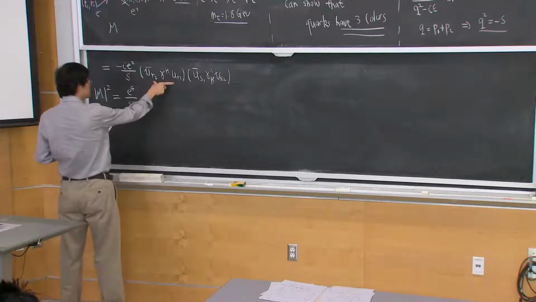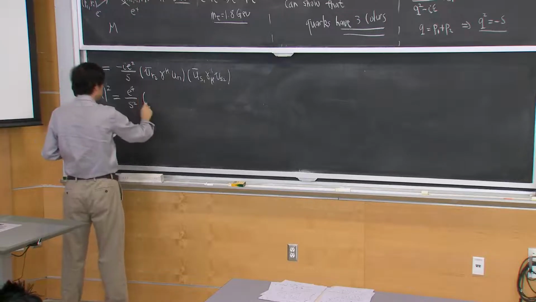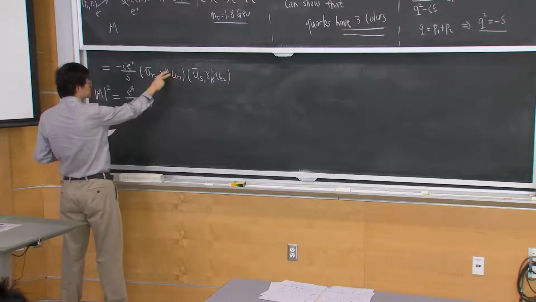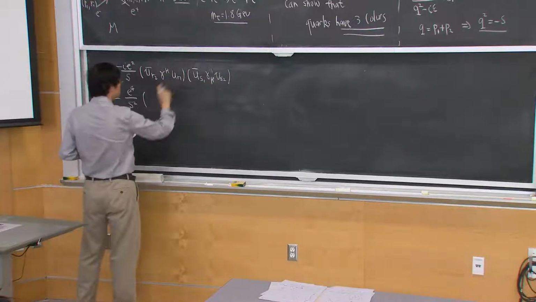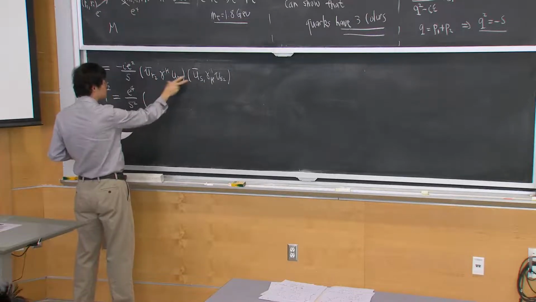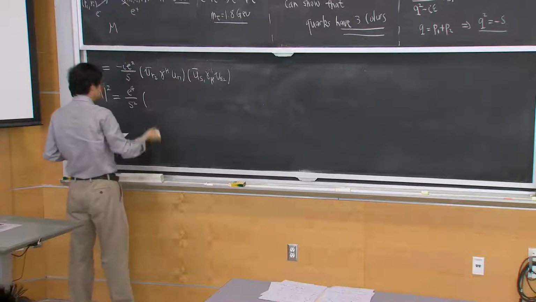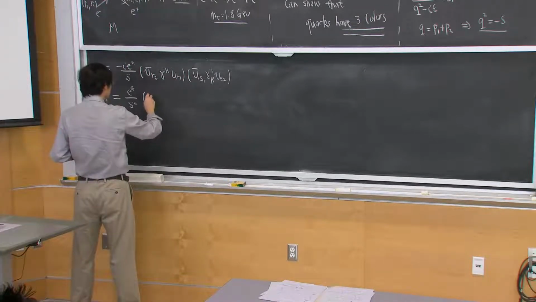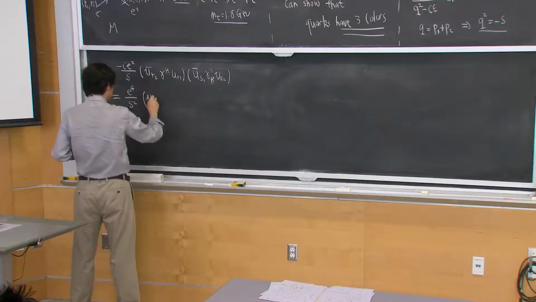And when we square the other term, this is gamma nu, gamma mu, so if we square it, we get another term. So we just copy this term.